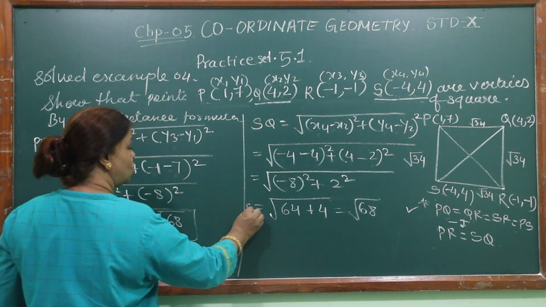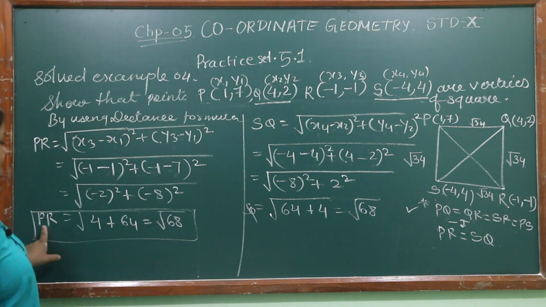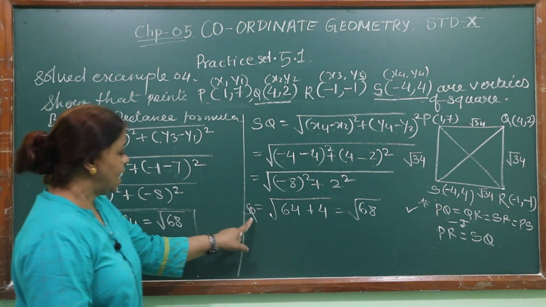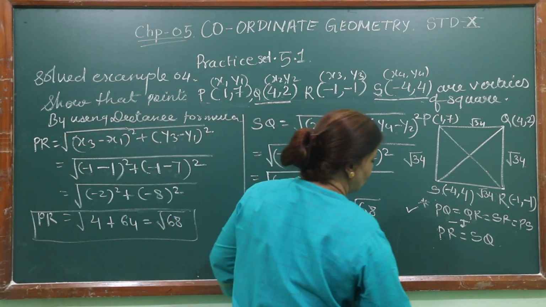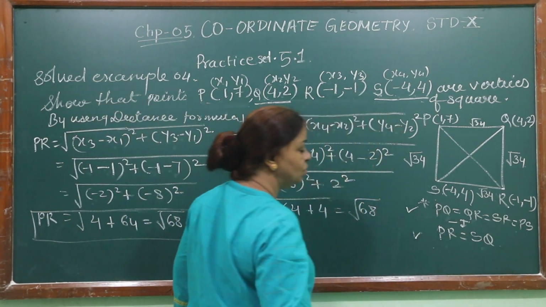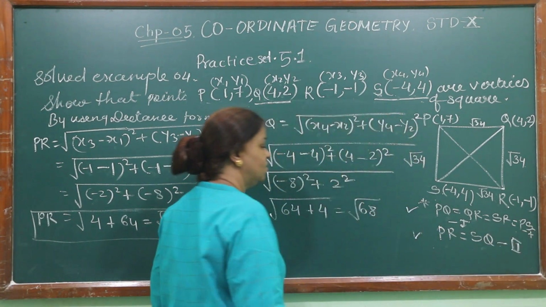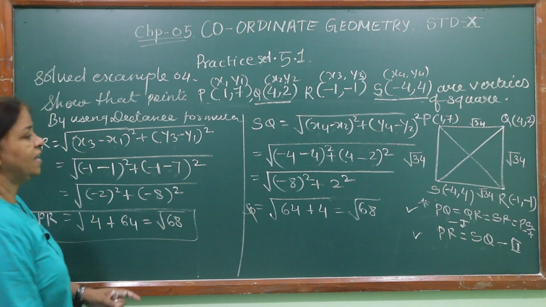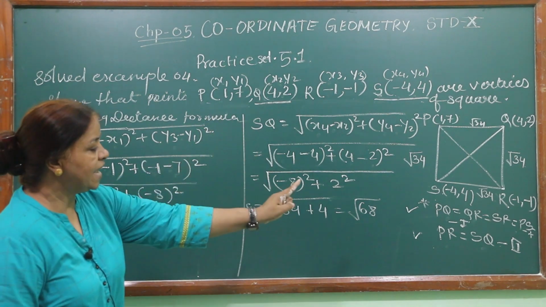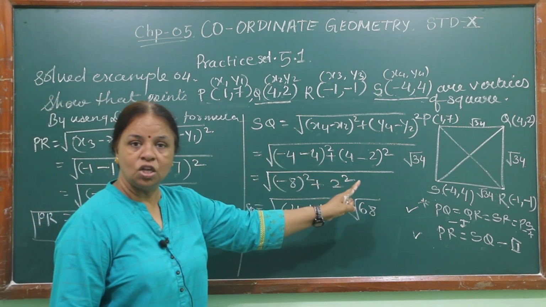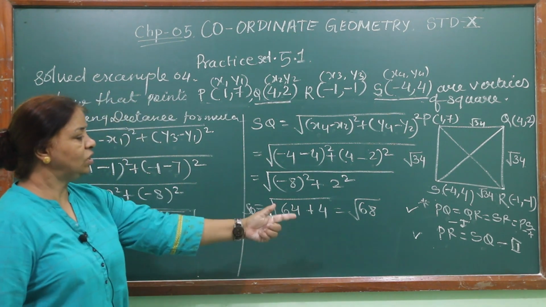So even SQ, now look at this, PR is under root 68 and SQ is also under root 68. So we got PR as equal to SQ. So from first and second we can say that P, Q, R, S are the vertices of a square. It satisfied all the conditions.